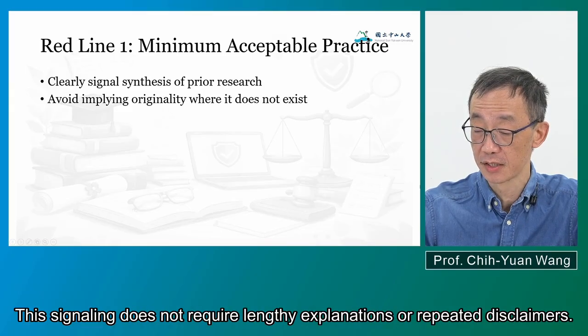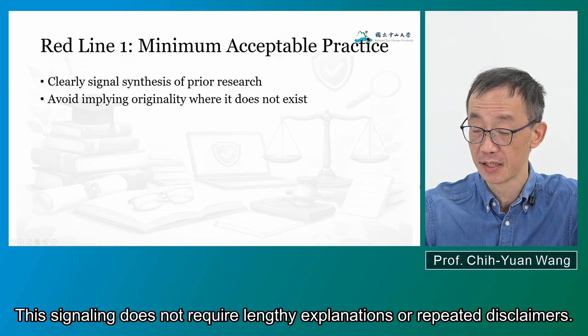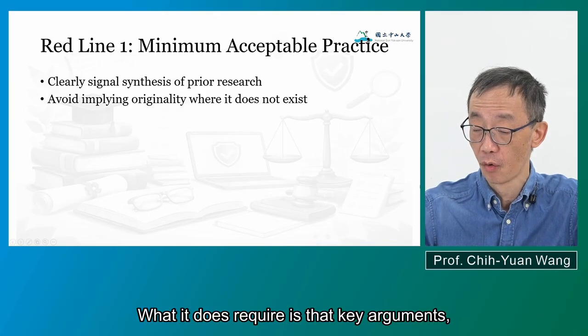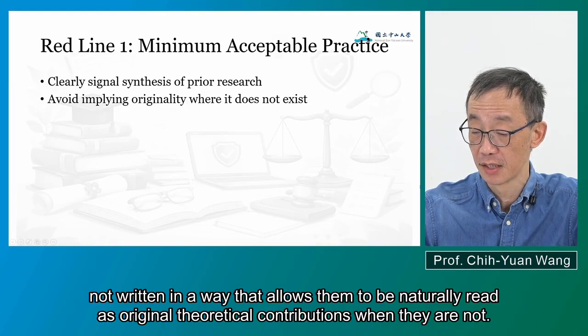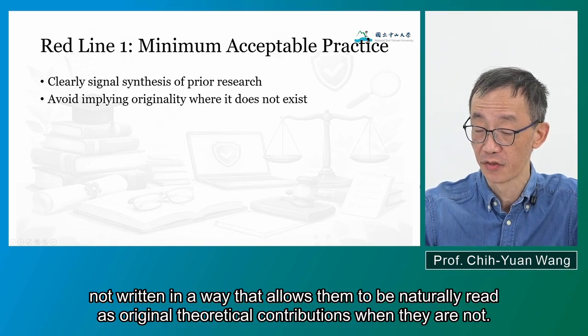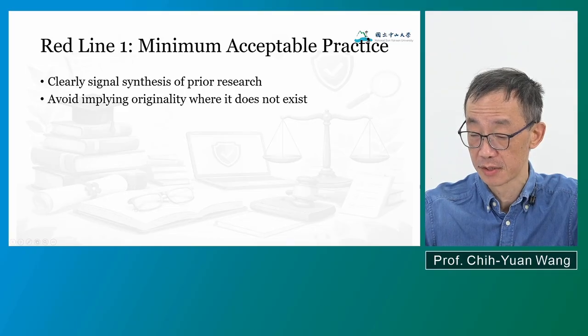This signaling does not require lengthy explanations or repeated disclaimers. What it does require is that key arguments are not written in a way that allows them to be naturally read as original theoretical contributions when they are not. Framing matters.